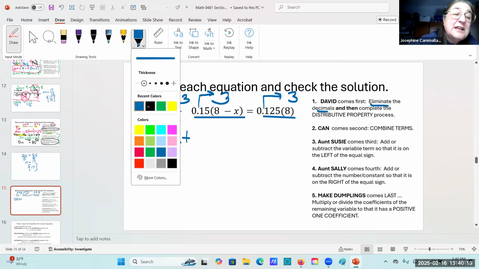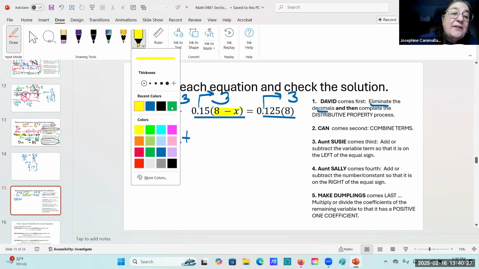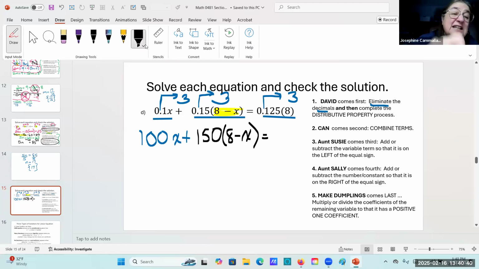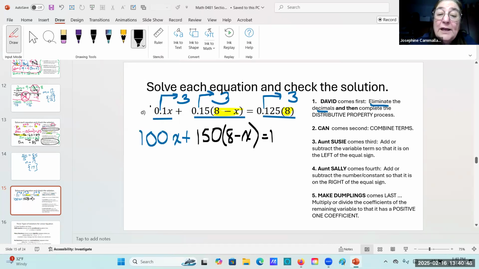Now remember, what's inside this parentheses, I'm not touching. That is going to give me 150, and this is 8 minus x. And then that 8, I'm not touching it. This is going to give me 125 times 8. I've eliminated the decimals.